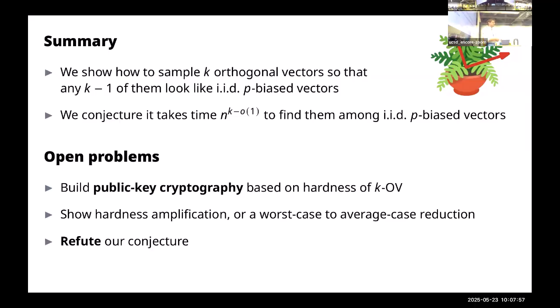We haven't succeeded at this, and it's a great question for you. Then there are some natural things that you could try to do with average case problems that we so far cannot do. One is hardness amplification, which means showing that if I have an algorithm that succeeds with only small probability, then I have an algorithm that succeeds with high probability.